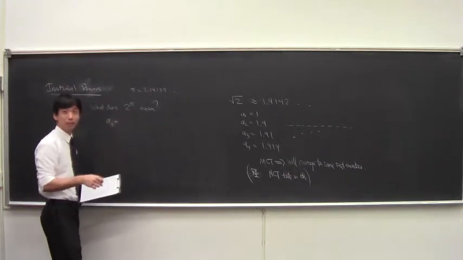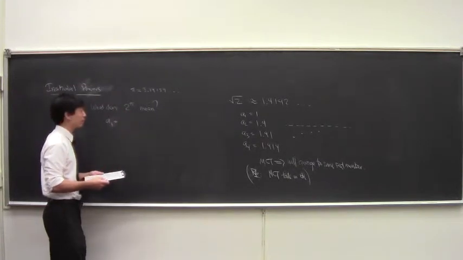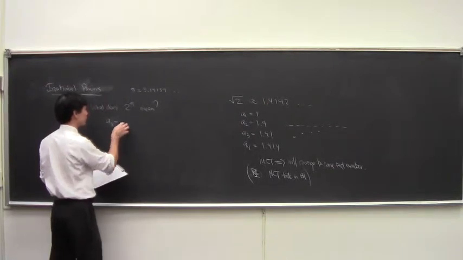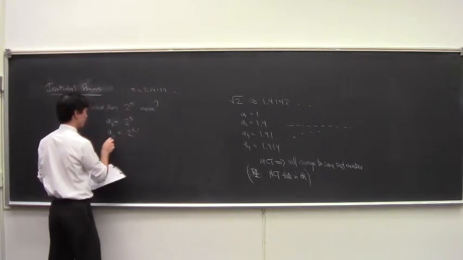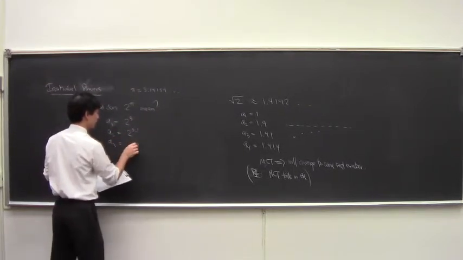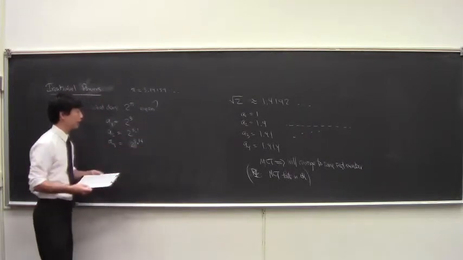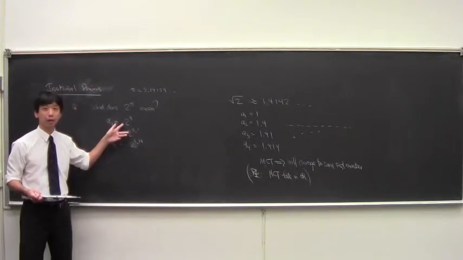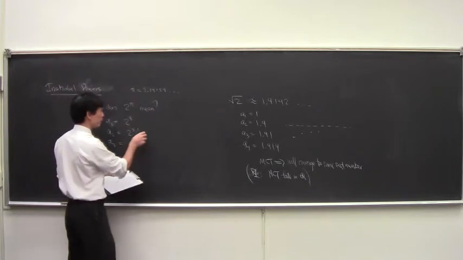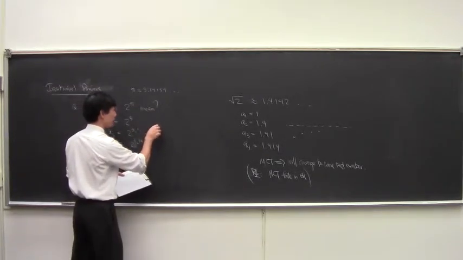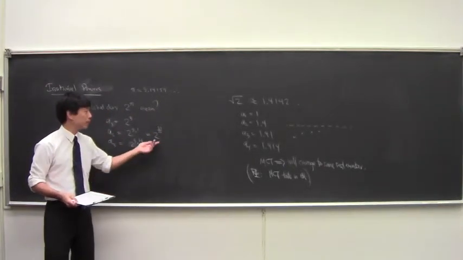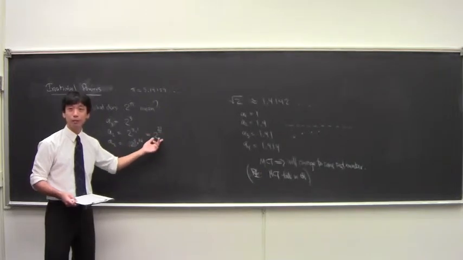So this doesn't mean anything to us until you have some notion of the limit of convergence of sequences. So we take a sequence, 2 to the 3, 2 to the 3.1, 2 to the 3.14, and these are all things that you can calculate. 2 to the 3.1 is 2 to the 31 tenths, that is, you take 2 to the 31 and then take the 10th root of that.